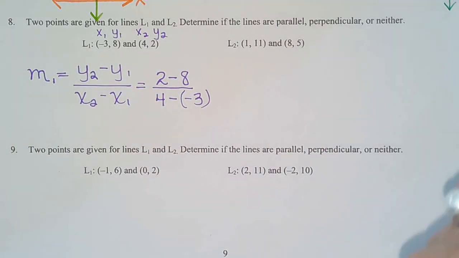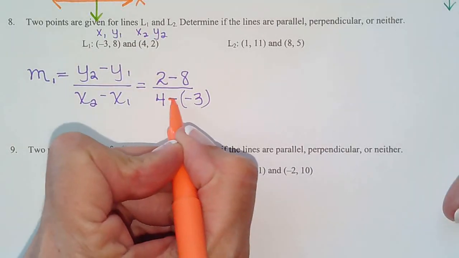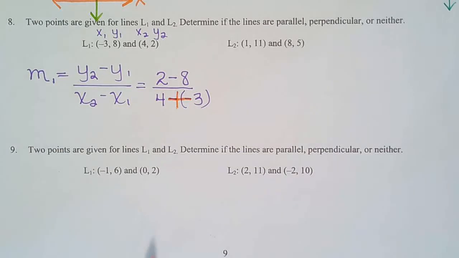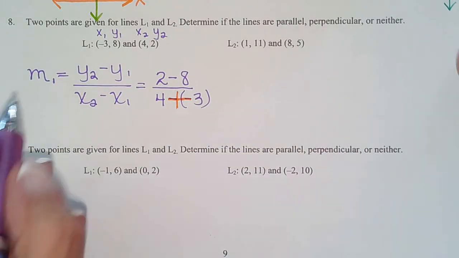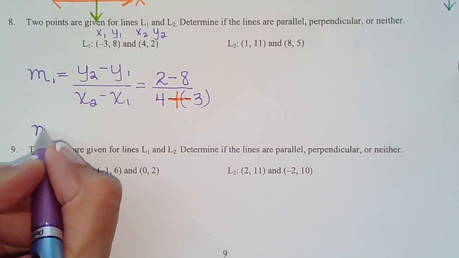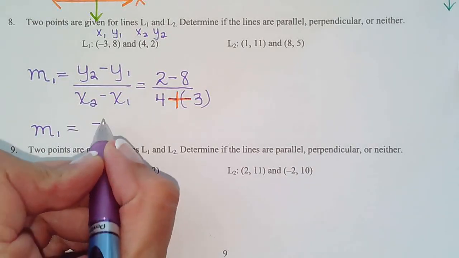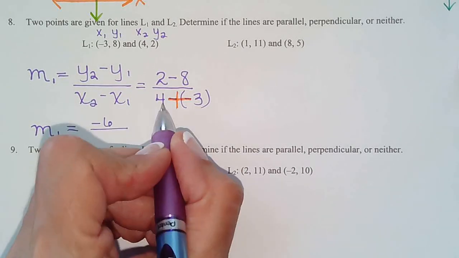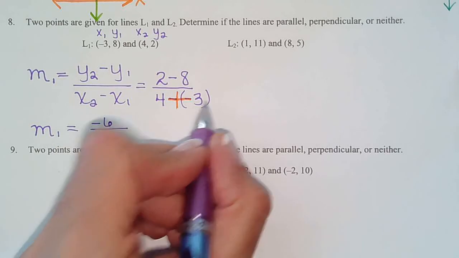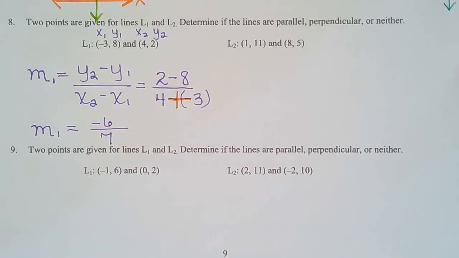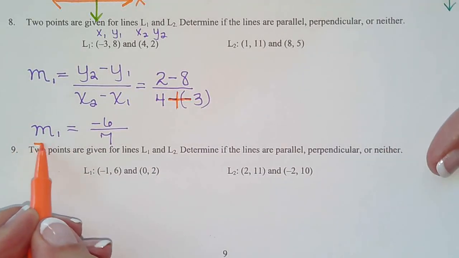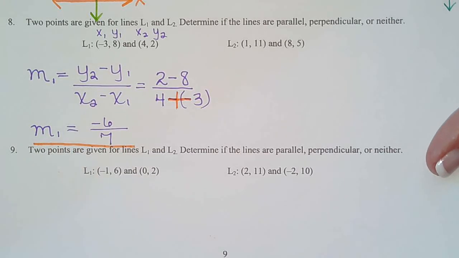So I see that double negative, so I immediately make it a big plus. Now that problem is going to simplify to negative 6 in the numerator. 2 minus 8 is negative 6. And in the denominator, it's 4 plus 3, which is 7. So there's the slope that I need to compare to the next slope before I can answer the question.